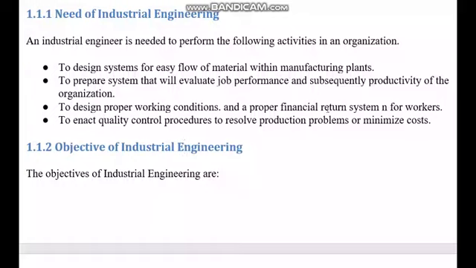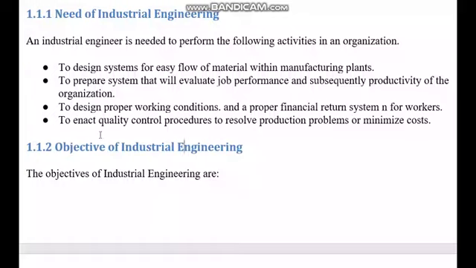That means you have to provide wages and salaries for the workers. So how to pay the wages and salaries, to whom to pay more and to whom to pay less, you should be able to design a system which will tell you how much a worker should be paid.